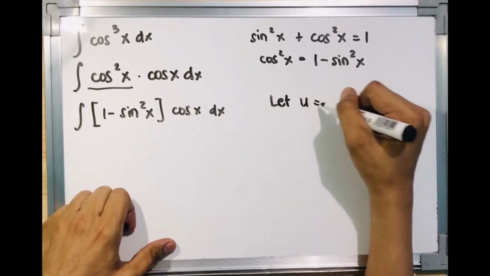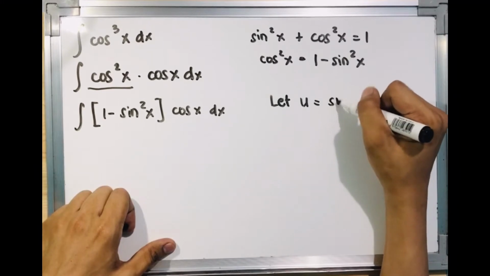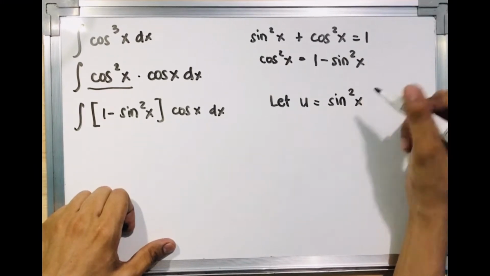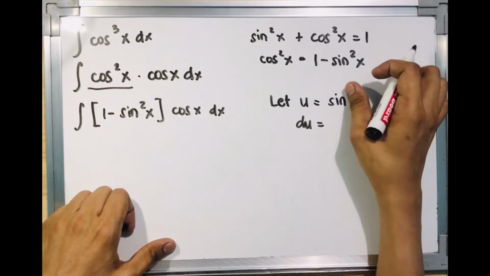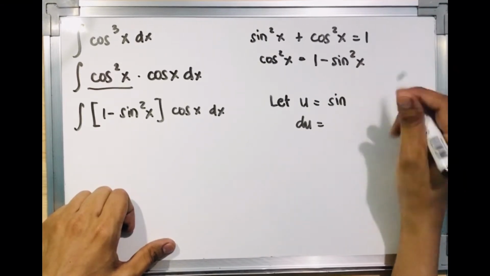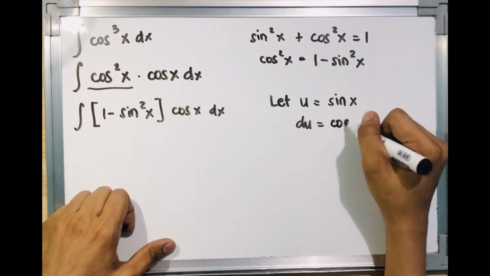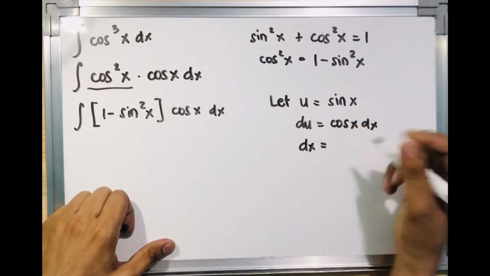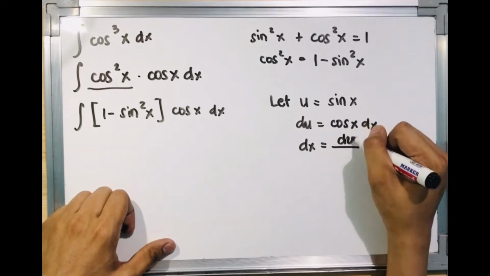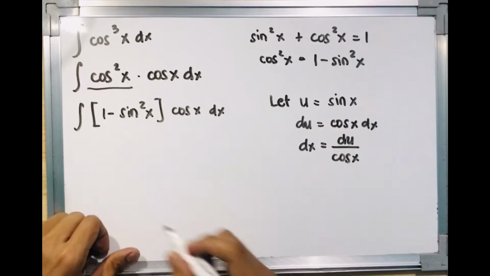Let u is equal to, madalas gagamitin natin yung may mataas na power, which is, in this example, sine of x. And our du is equal to cosine of x dx. And therefore, my dx is equal to du over cosine of x. Ayan, makakancel out yung cosines.